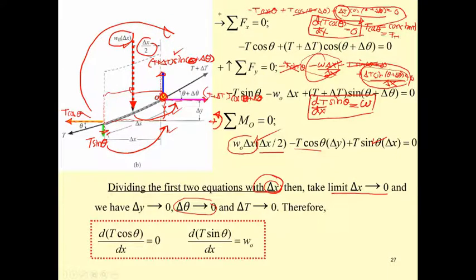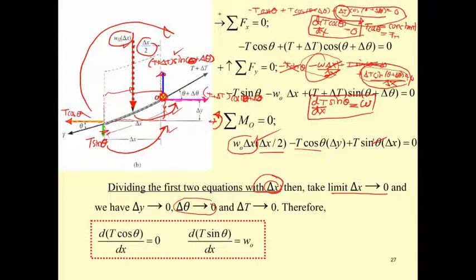The change of T sine theta, this is very small, you can cut it, by dx equals W. The minus sign, just move to the right. So this is going to be our second one. So you get this one and you get this one from the first two.